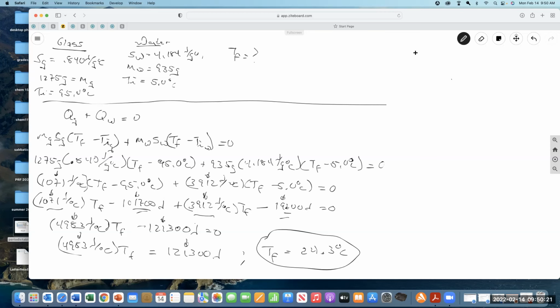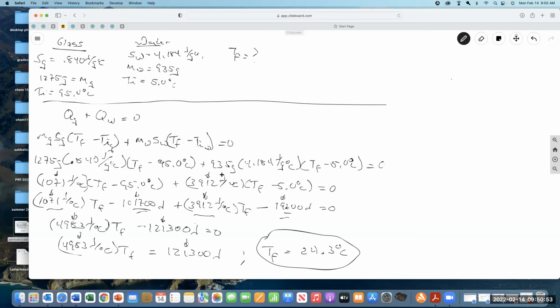After we multiply 275 grams times the 0.840, the Q or Q of S, J over grams degrees Celsius, do we multiply times temperature final minus 5 degrees Celsius, or do we do that at the very end?